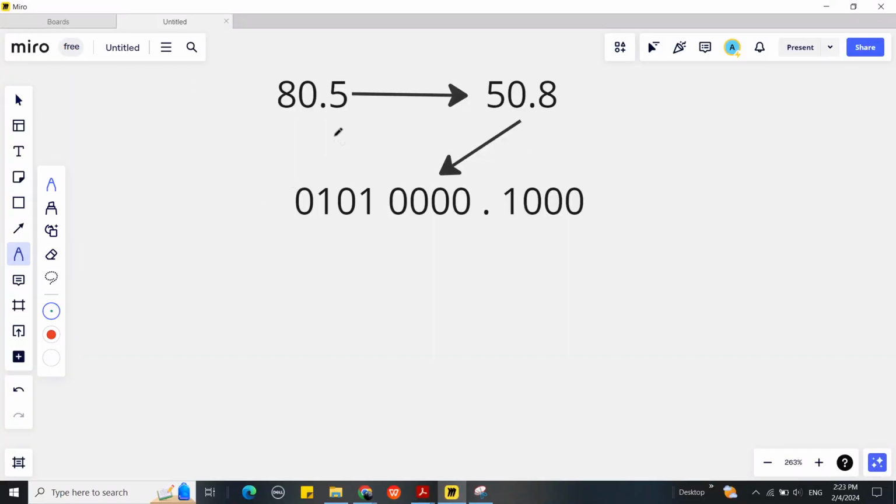As you can see, this decimal number changed to a hexadecimal number, and this hexadecimal number changed to a binary number, and now we can start working.